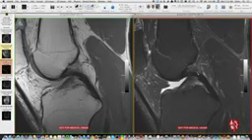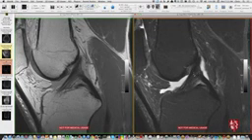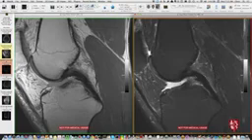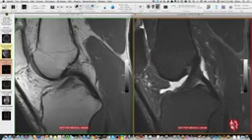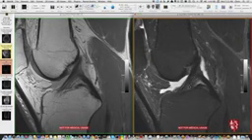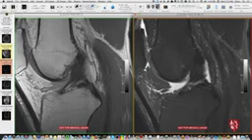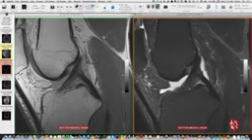Having said that, the ACL is allowed to have more intrinsic signal than the PCL. The PCL is typically very black and dark because it's a thicker, more robust ligament, much less likely to tear than the ACL. You may see a little bit of fluid signal within the ACL between the two bundles, but as long as you see intact fibers and it's only a minimal amount of signal, that's normal.